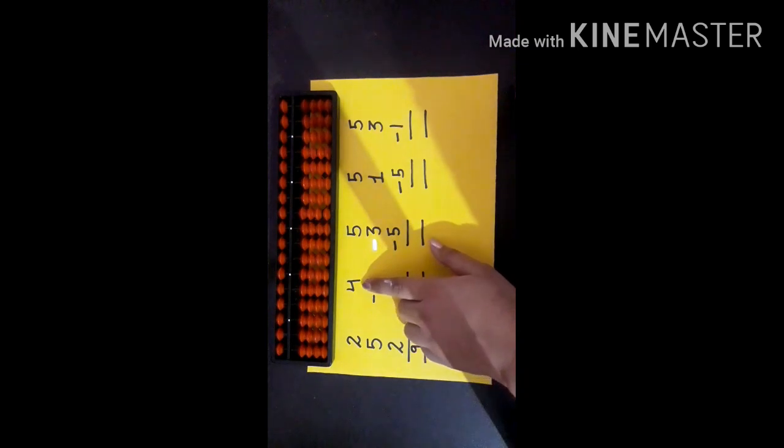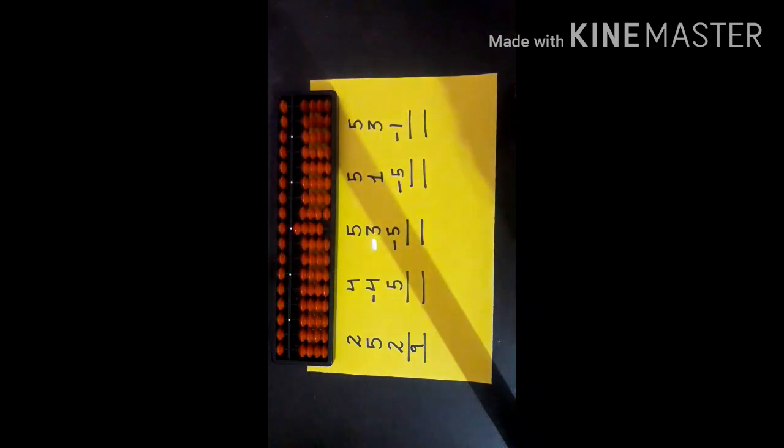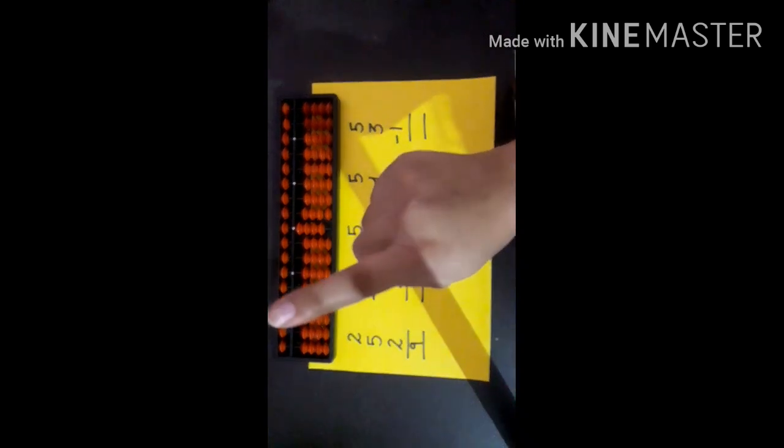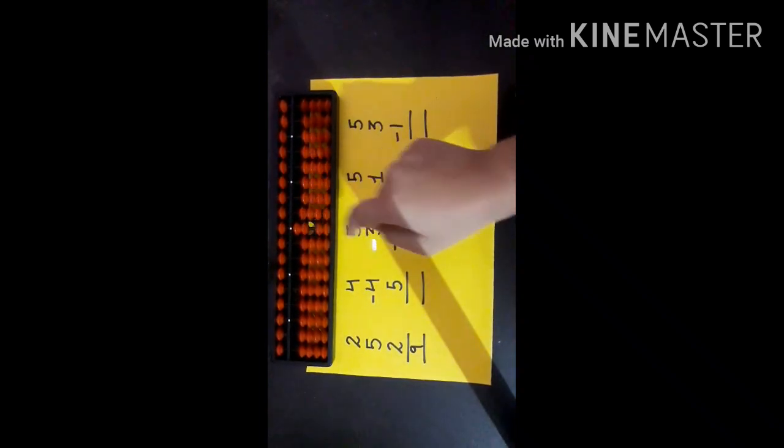Now what is the number? 4. 1, 2, 3, 4. Now you have to minus 4. For minus, I have told you, you have to put the beads down. For add up, for minus down. So minus 4. 1, 2, 3, 4.